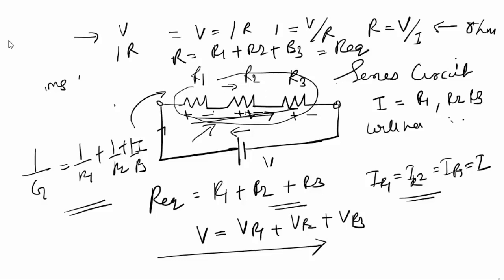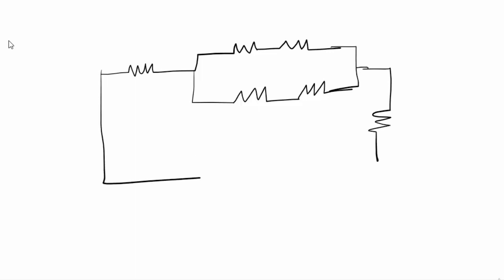So to just demonstrate that, suppose you have a circuit this way, with multiple resistances here and here, and again a resistance here, and this is connected to a voltage source, suppose 100 volt.